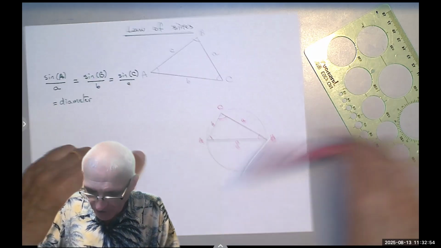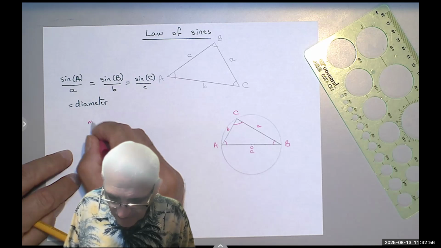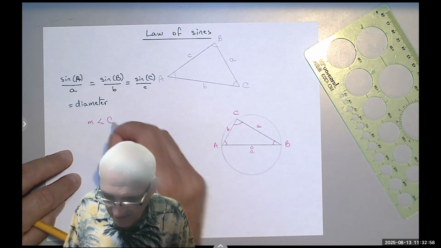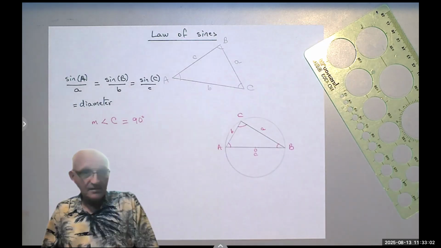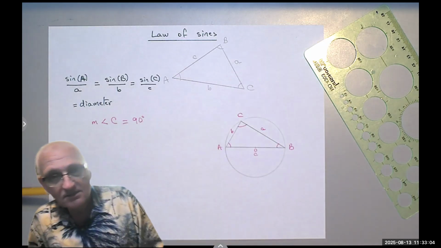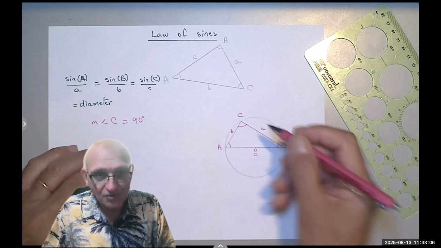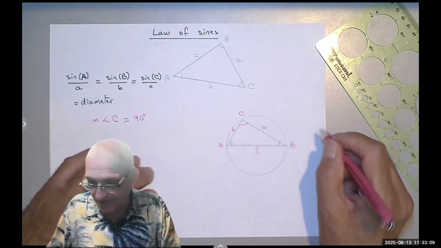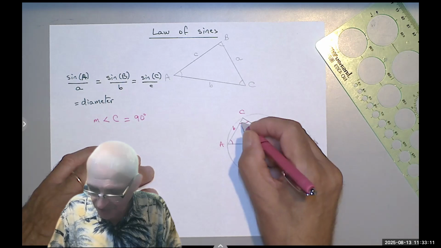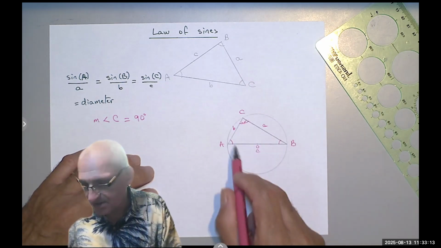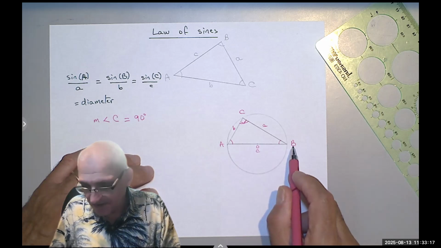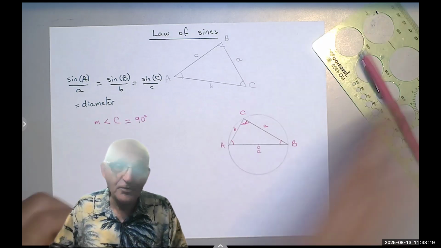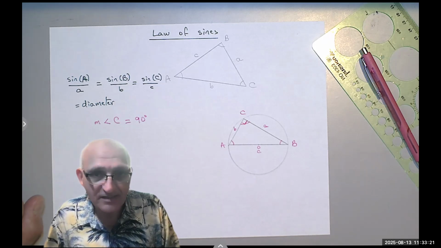And you should know also that the measurement of angle C is 90 degrees. You should have learned that in geometry: if you draw a triangle whose hypotenuse is the diameter, then the opposing angle is always going to be a right angle.